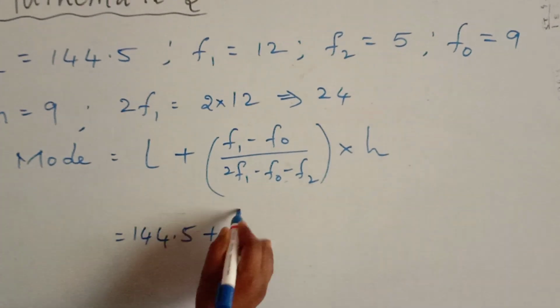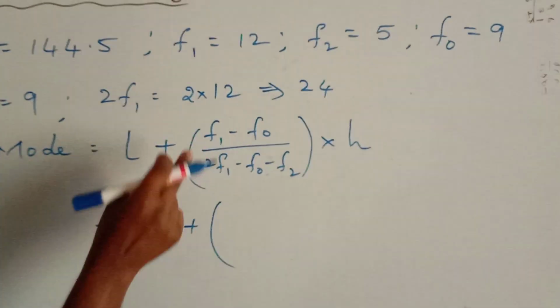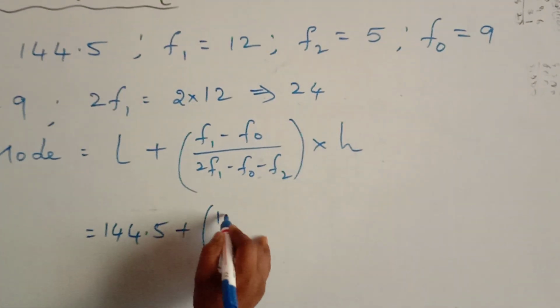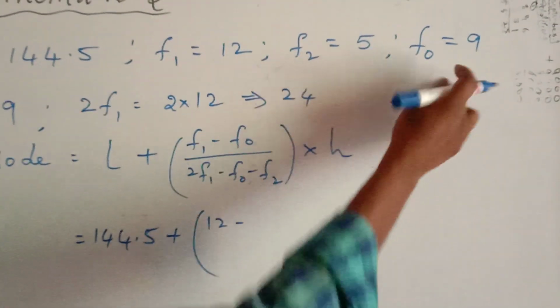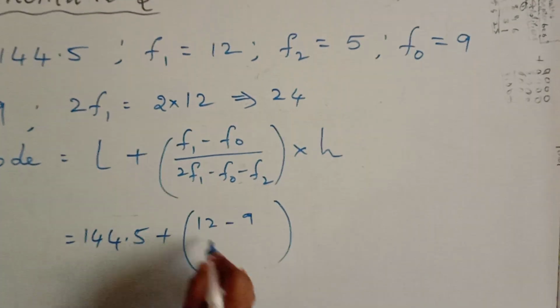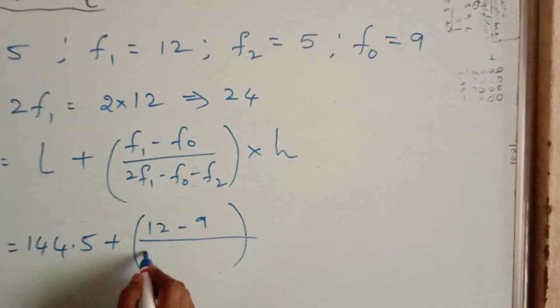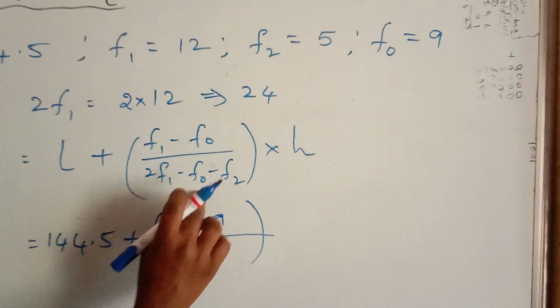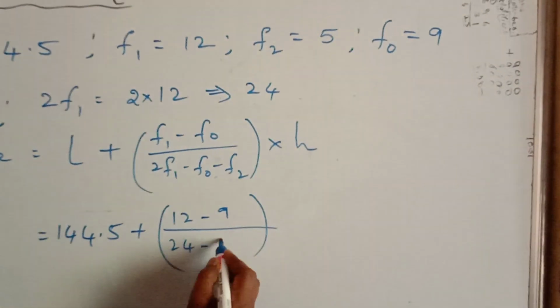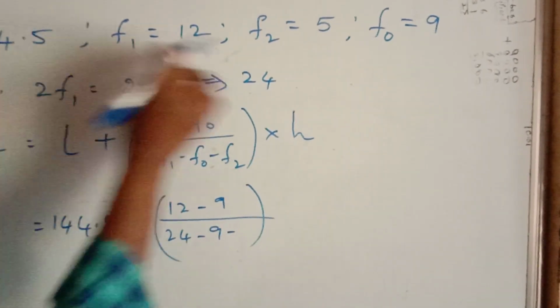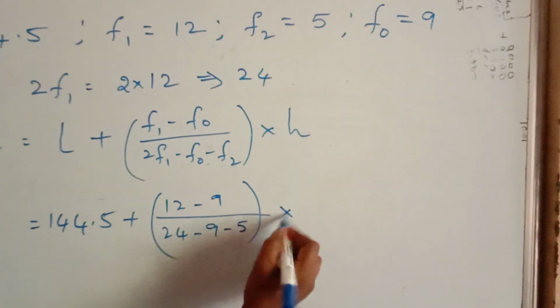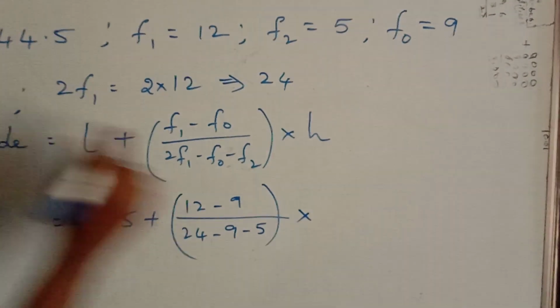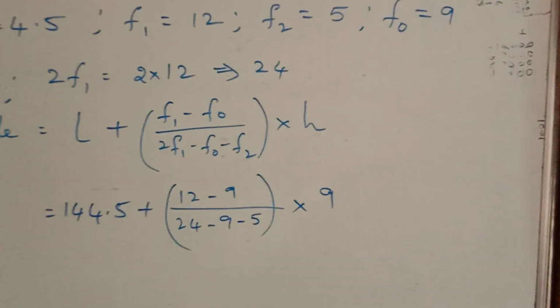So 144.5 plus (12 minus 9) divided by (24 minus 9 minus 5), into H, and we already know that H is 9.